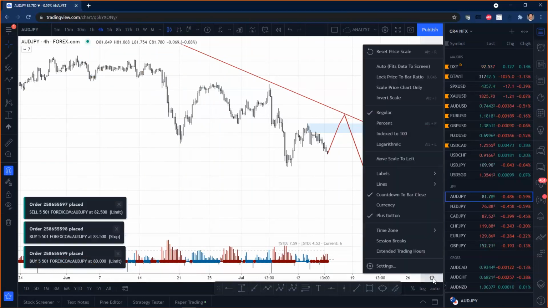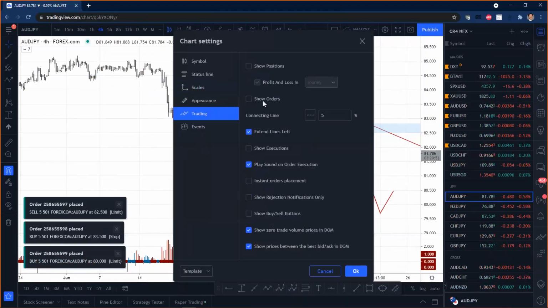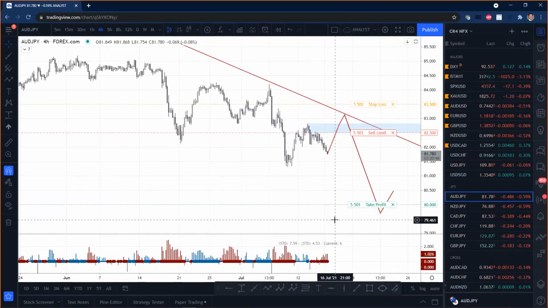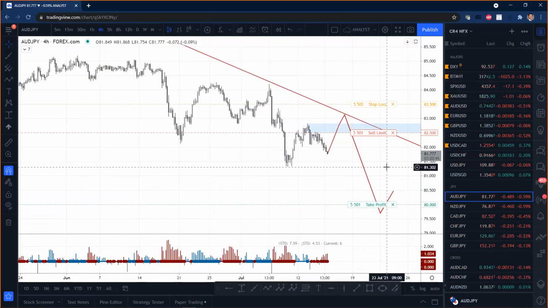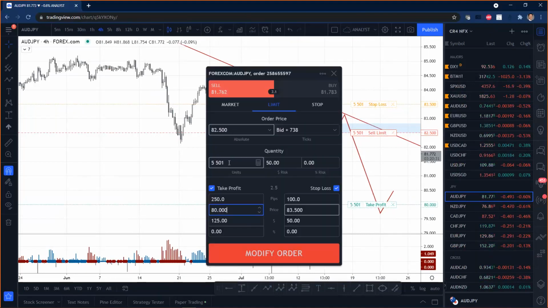Get the order lines up there so that we can see trading and show orders. Okay. And that's a great thing about Forex. If you use Forex, you can put position sizes which are not full lot sizes, right? So I'm going to make this 0.